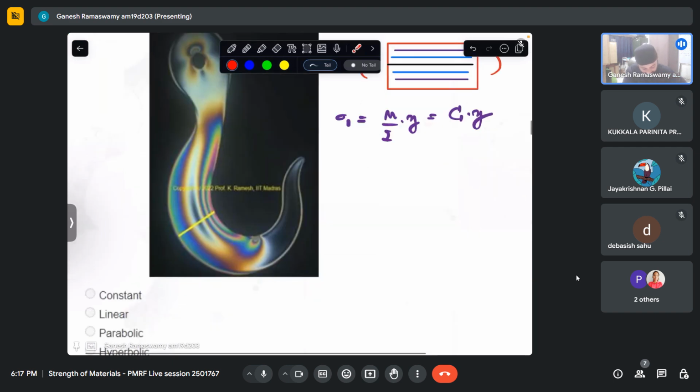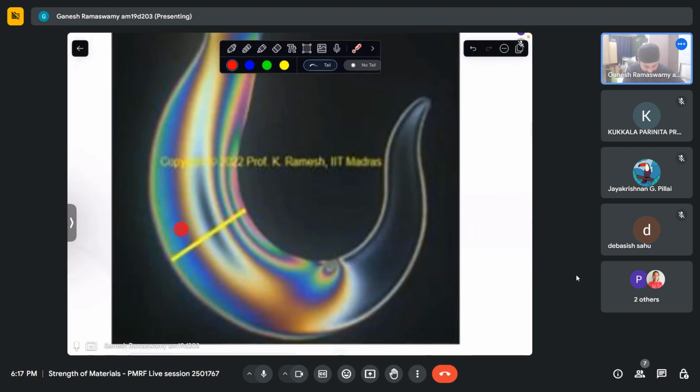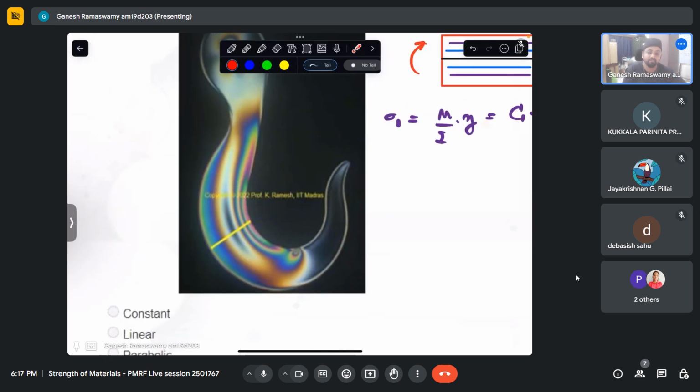Whereas here, we can see that this blue band does not fall at the exact center of this cross section. There is a 0th fringe order, and then towards one side, the fringes are more concentrated. Towards the other side, the fringes are more spaced out. So this tells us that this is not a linear variation.